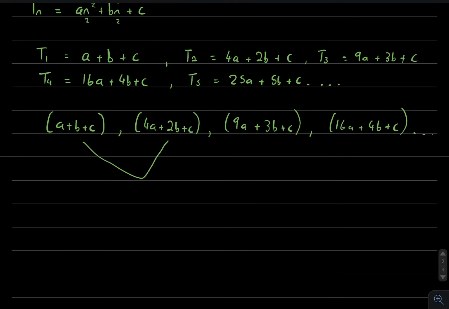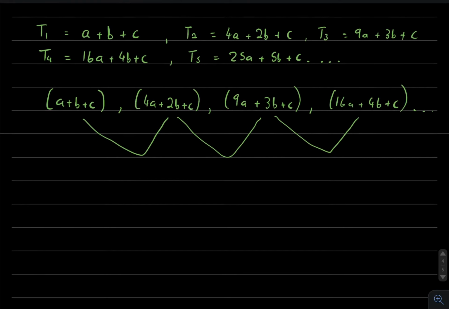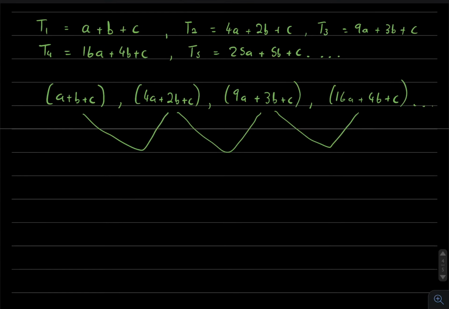If we find the differences between these terms, we get 4a minus a, which is 3a, 2b minus b, which is just b, then c minus c, which is 0.